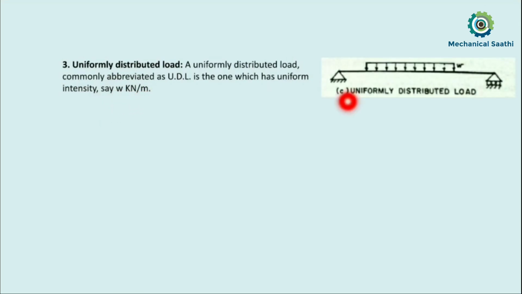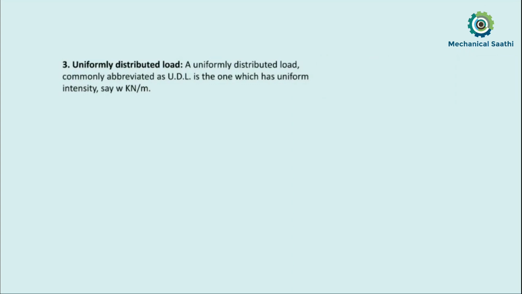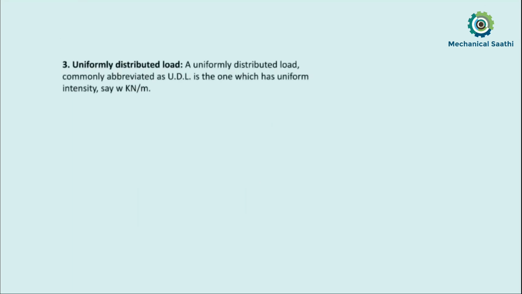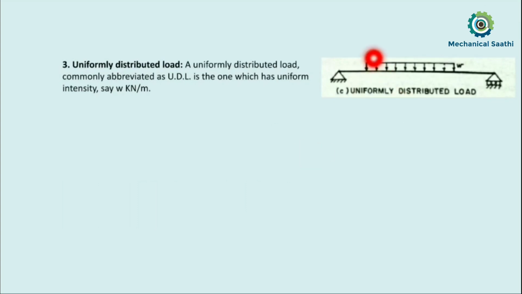When we look at the distributed load, there will be a curve-like structure, meaning we do not know the value of the load at each point. But in the case of a uniformly distributed load, at each point along the length the magnitude of the load is W kilonewton per meter, equal throughout the length up to which the load is applied.